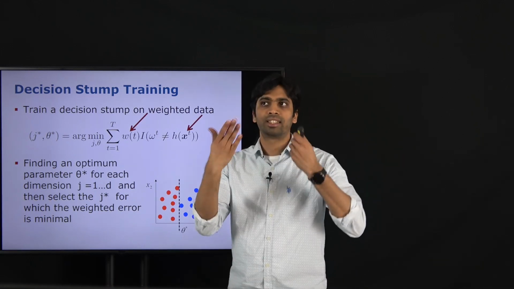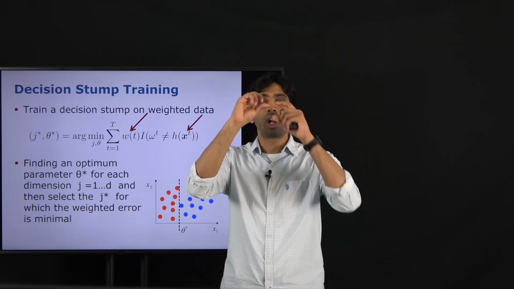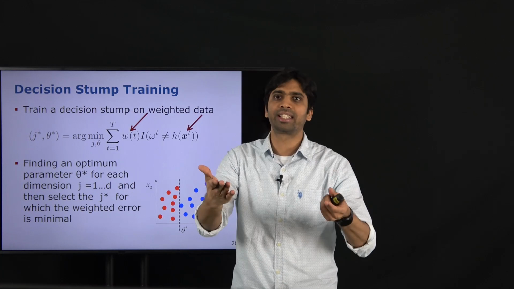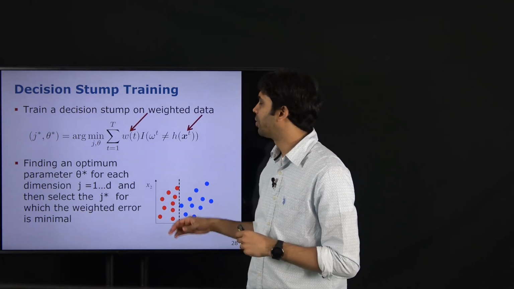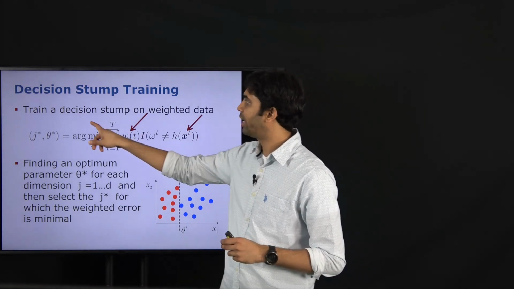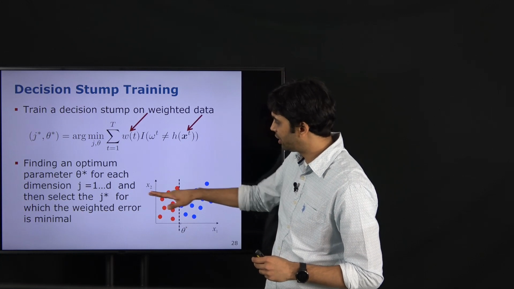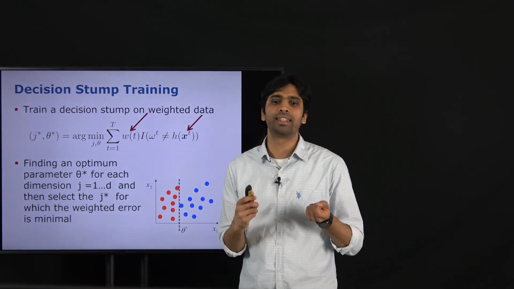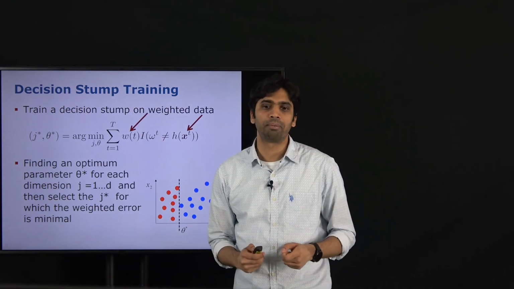So it's answering the question of which feature, or which column of your feature matrix, you want to use to make the next decision in the overall boosting procedure. So at each step when I train a decision stump, I need to find out which is the threshold and which is the dimension along which I am cutting the space. So these are the two things that I want to find out when I'm actually training a decision stump.